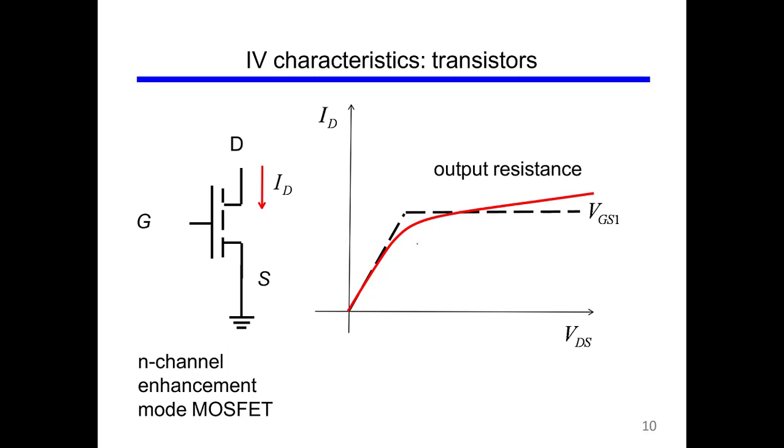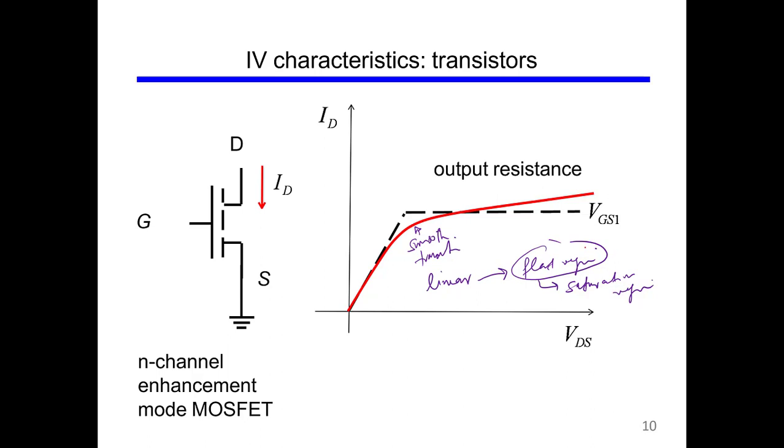So you have a smooth transition when you move from linear to this flat region. Later on we will call that flat region the saturation region, but we can use flat or saturation, anything you like.